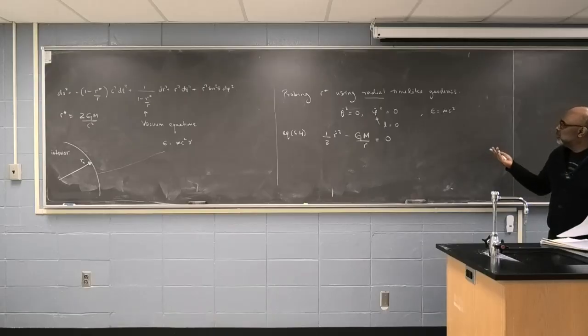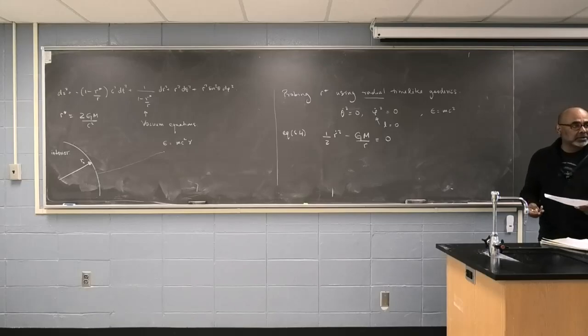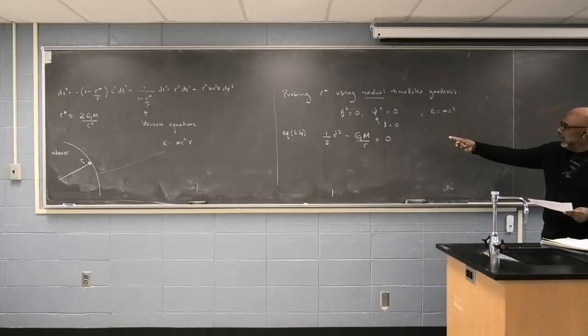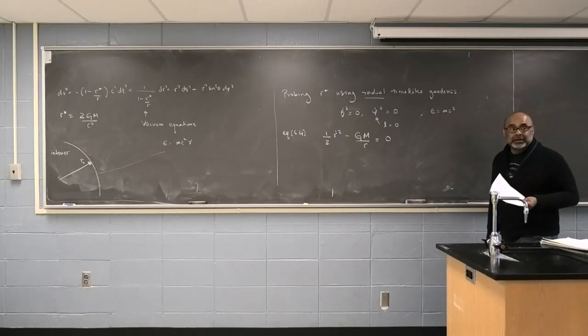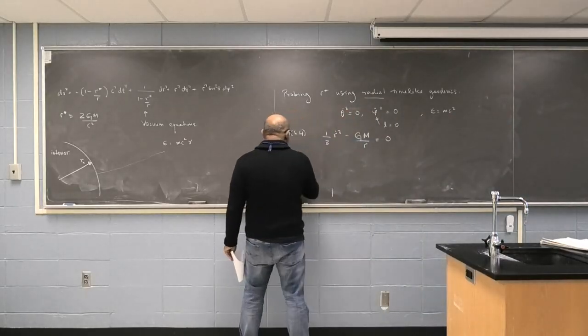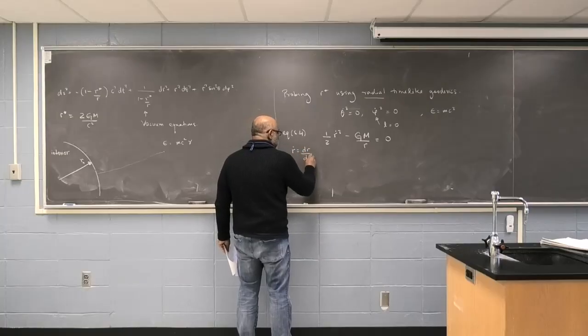Because theta dot squared doesn't show up, phi dot squared doesn't show up, t dot does show up, but g_tt times t dot is constant because of this energy conservation. So I want you to verify this. This is just algebra. There's no calculus at this point. Now remember, r dot is dr d tau.